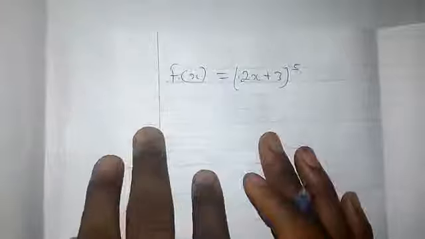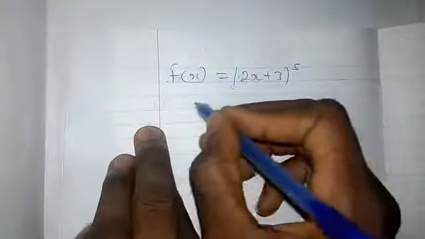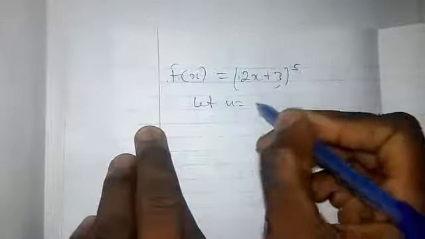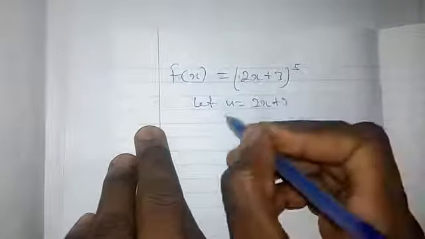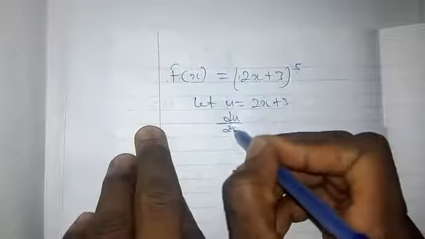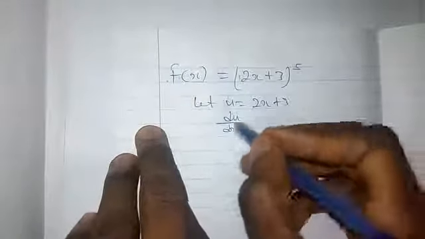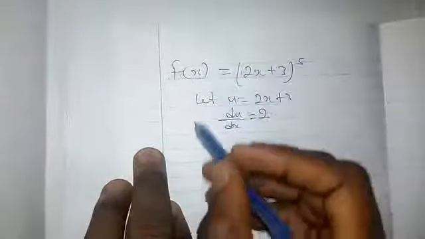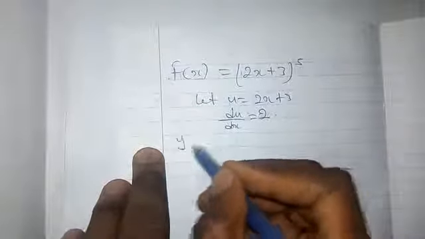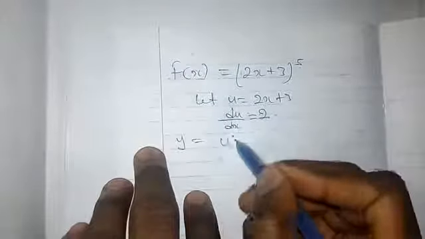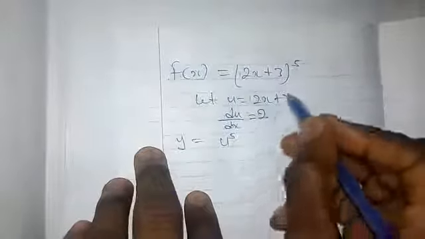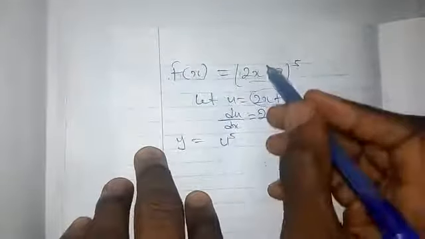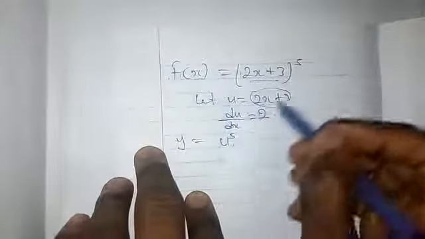The same procedure: just let u be 2x plus 3, then find du/dx, which will be 2. Now your given function, y, is equal to u raised to the power of 5, since you've called 2x plus 3 u.